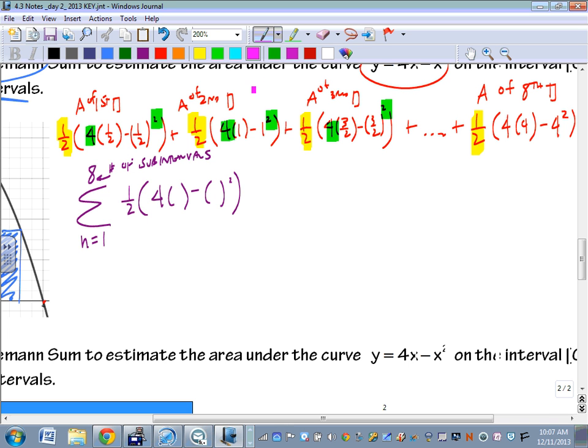So let's figure out how we can represent what's in those parentheses. Let's look at the numbers that we're dealing with here. We've got 1/2 and then 1 and 3/2 and so on. So let's look at that sequence. 1/2, 1, 3/2, the next one would be 2. What is that going up by? What's our common difference? 1/2, right?